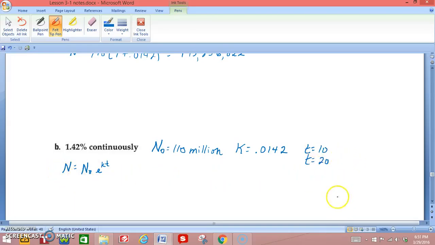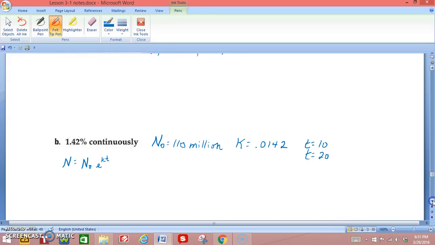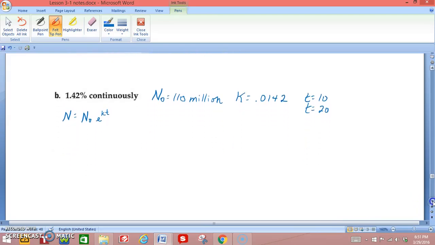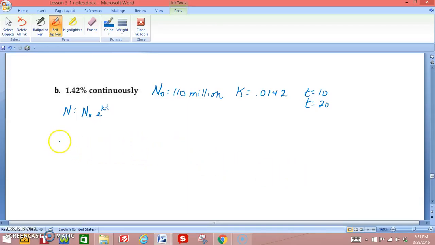Alright, so we're just going to plug this into this formula. So N equals N sub 0, 110, e to the 0.0142 times 10 power, which would be 0.142, but you can just put it in the calculator like that, and you will get 126,783,431, I believe.